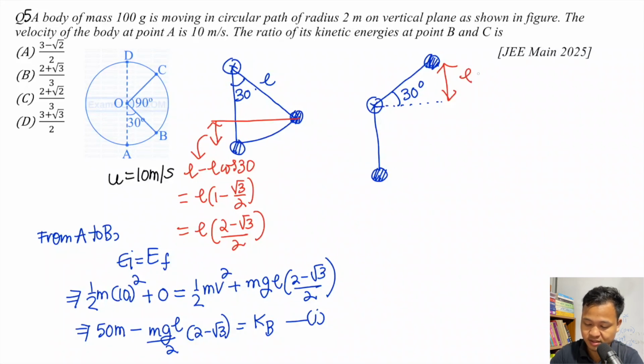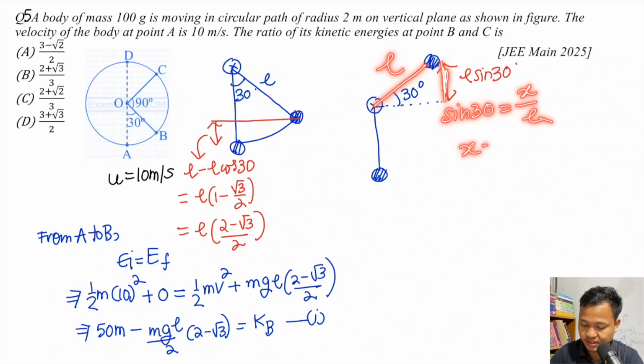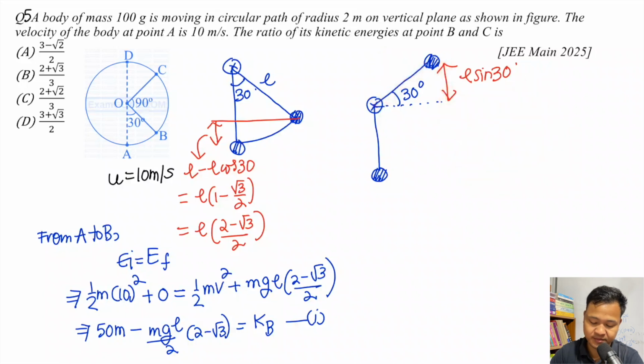How much is this? This is L sine 30. Here this is L, and this is the opposite side. If you write sine 30 as opposite side x by L, then x equals L sine 30.